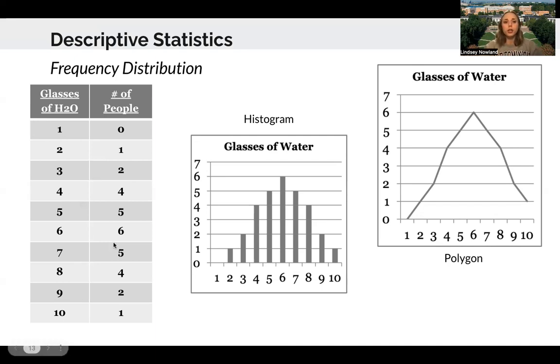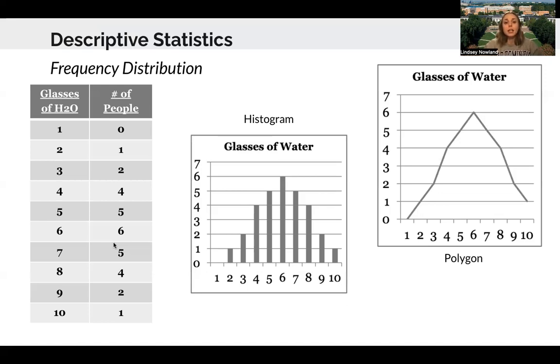So once you have your table created, it provides you an easy visual for you to see maybe the most common amount of water that your participants drank.